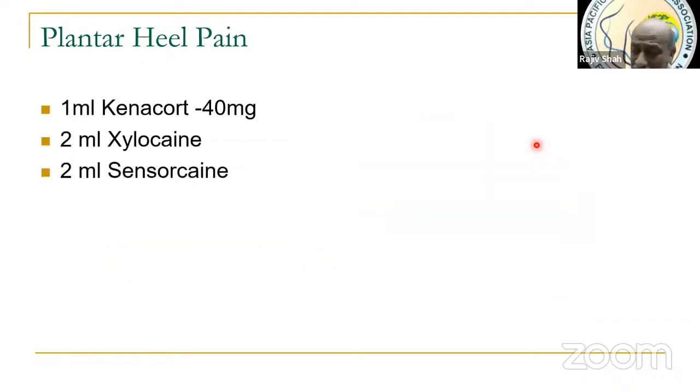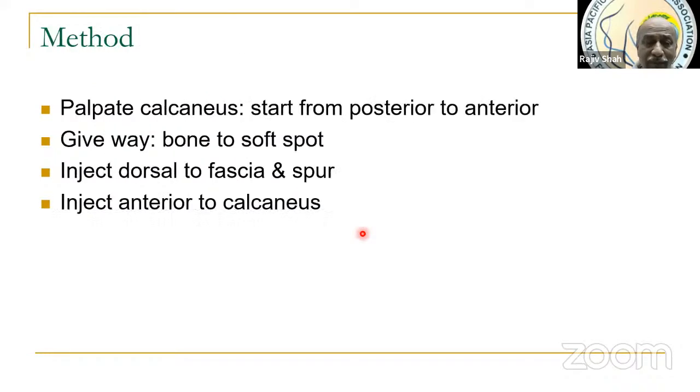For plantar heel pain, you use 1 ml of Kenacort, 2 ml of Xylocaine, 2 ml of Sensorcaine. This is the mix you use for plantar heel pain. Now this is a very very important thing. You must all focus on this. You need to palpate the calcaneus, start from posterior and go on palpating the bone up to the anterior aspect where there is a sudden give way, and this is the soft spot.